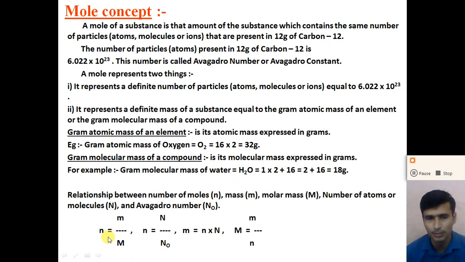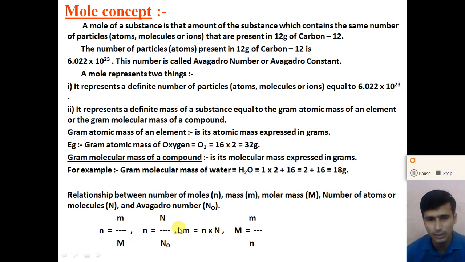So the first formula is number of moles equals the mass of the substance divided by the molecular mass, and the second is number of moles equals the number of atoms or molecules divided by the Avogadro number.